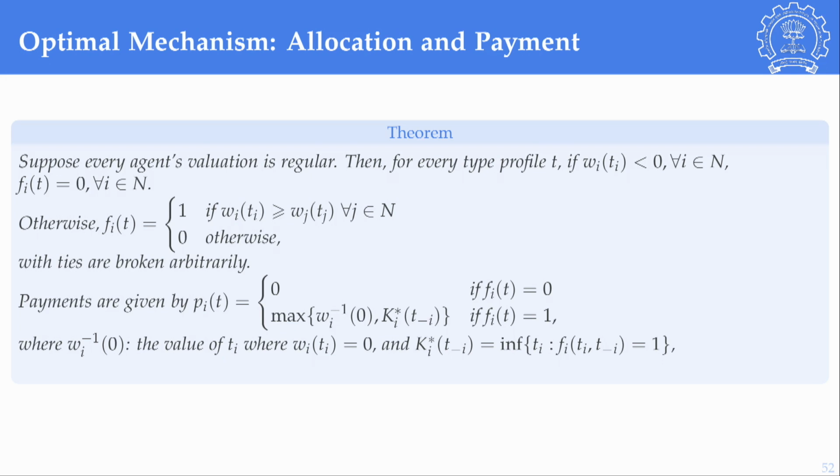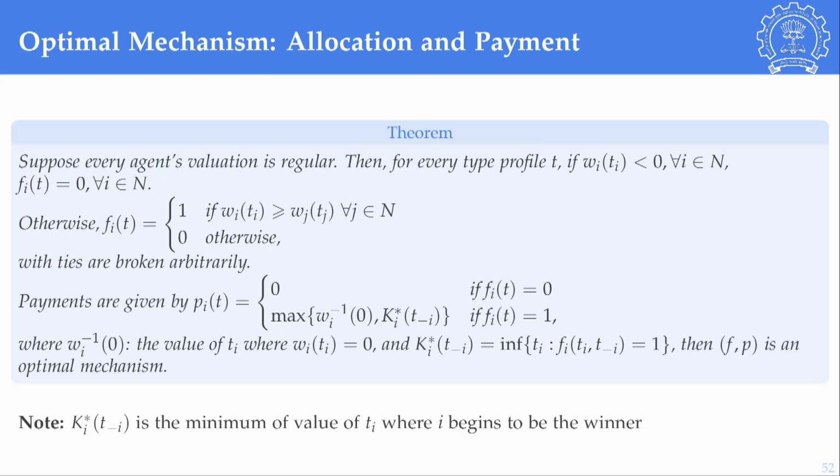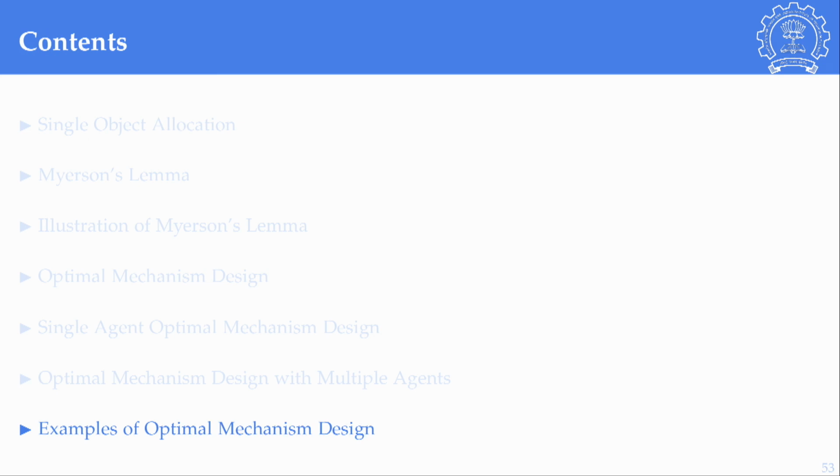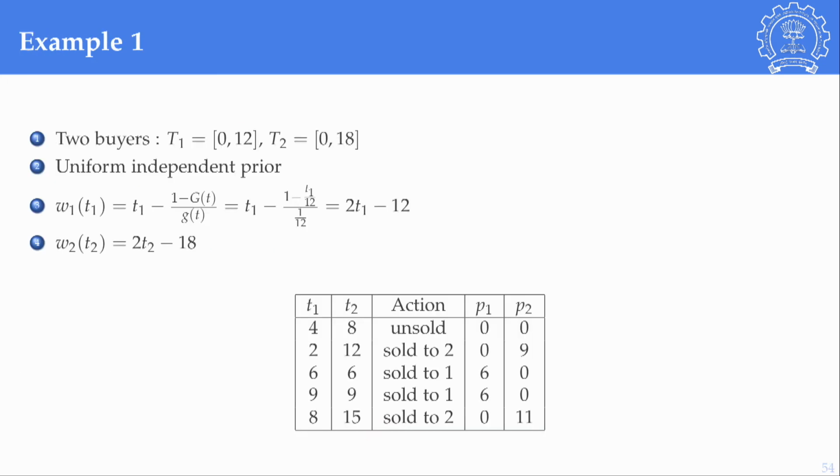The reserve price is that value for that agent, and that value could be different depending on which agent you are looking at, because different people may have different valuation distributions. So, we will take an example to understand what this actually means, and that will clarify some of these ideas.